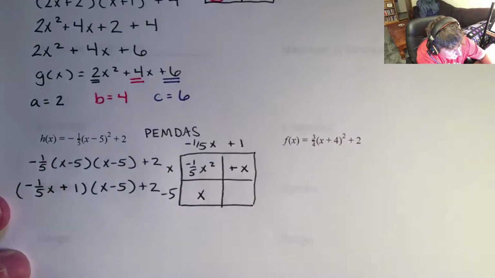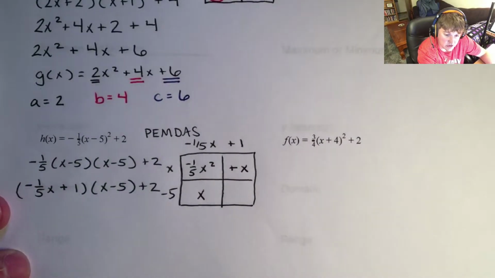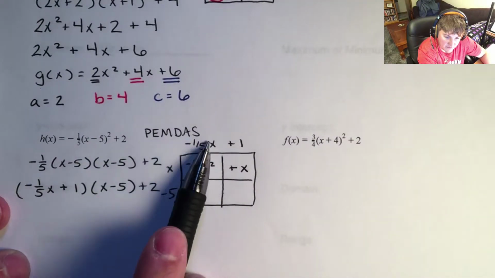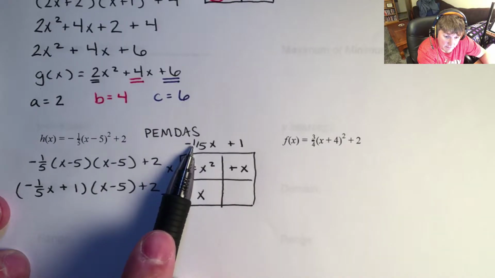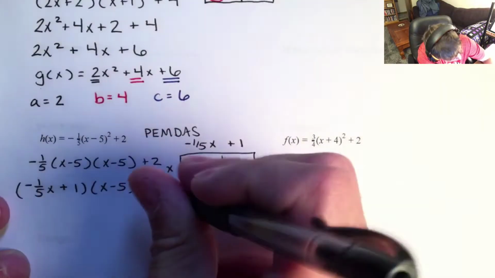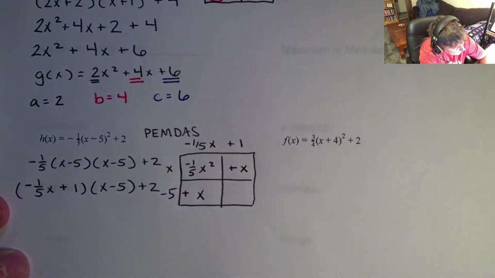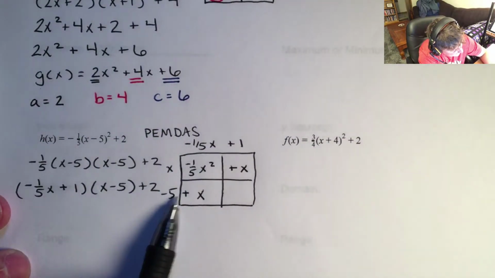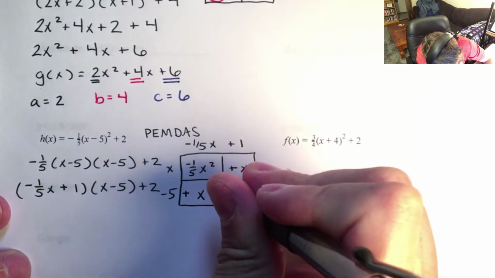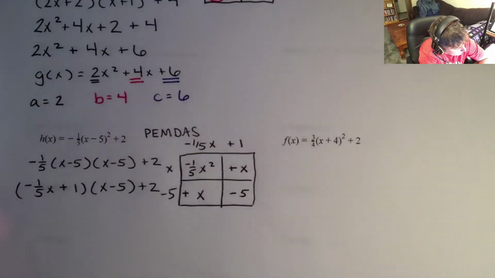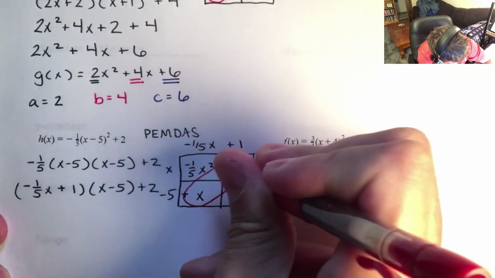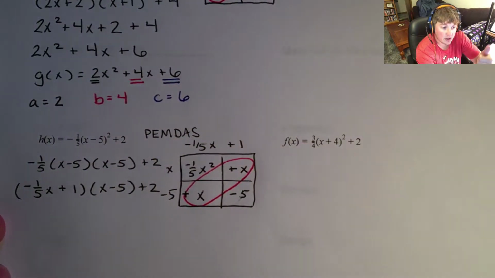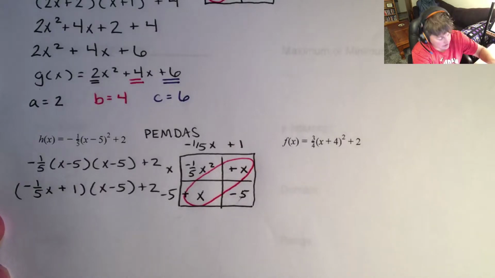It's just a matter of whether it's going to be plus 1x or minus 1x, right? Because 1/5 of 5 is 1, but a negative times a negative is going to be a positive. So this is going to be a positive x. And lastly, 1 times negative 5 is negative 5. Again, I have like terms in the middle. So what's 1x and 1x going to combine to? 1x and 1x will combine into 2x's.